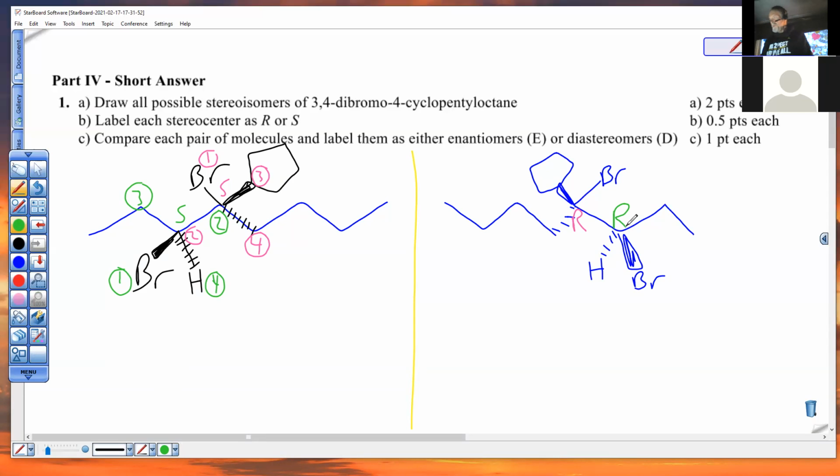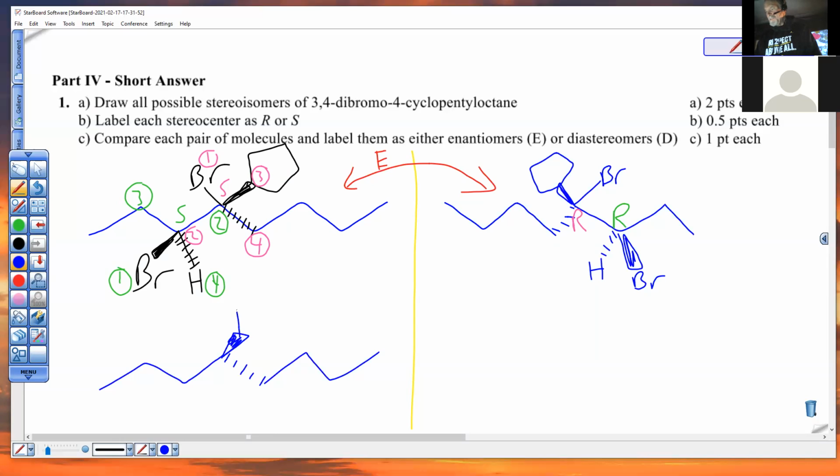I want to draw, clearly these are enantiomers, I want to draw a diastereomer of this one. So I'm going to copy everything as is. And I'm going to keep the stereocenter up here exactly as is, so no change on that one.